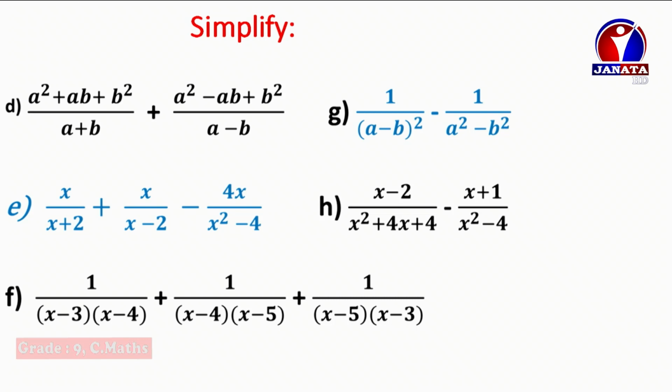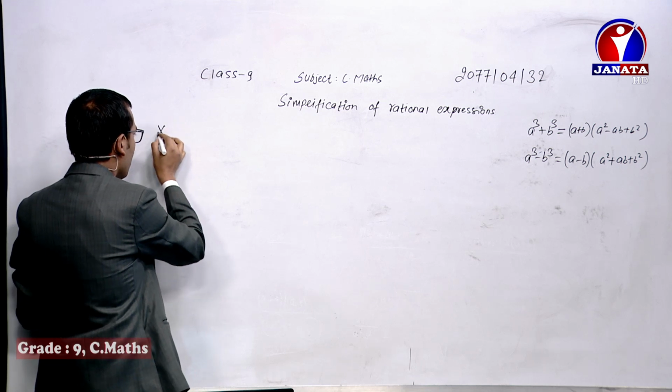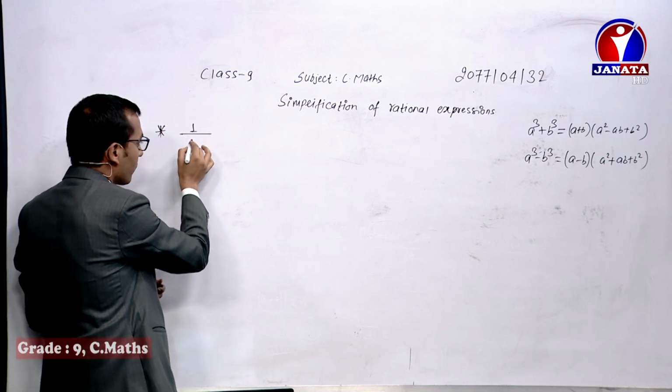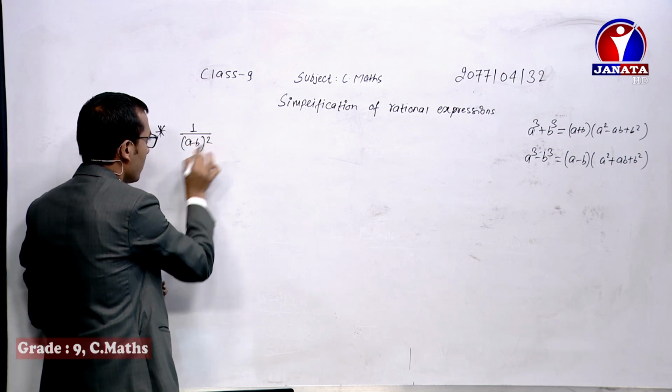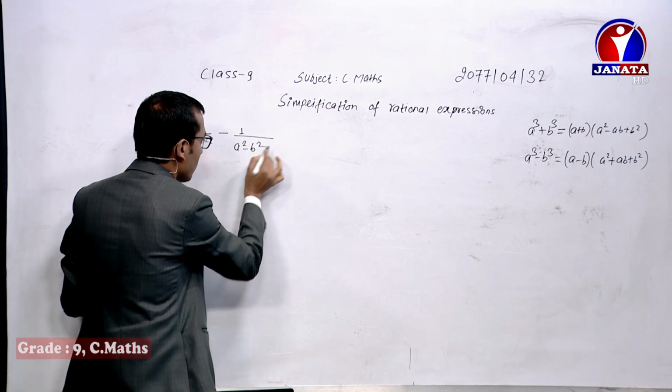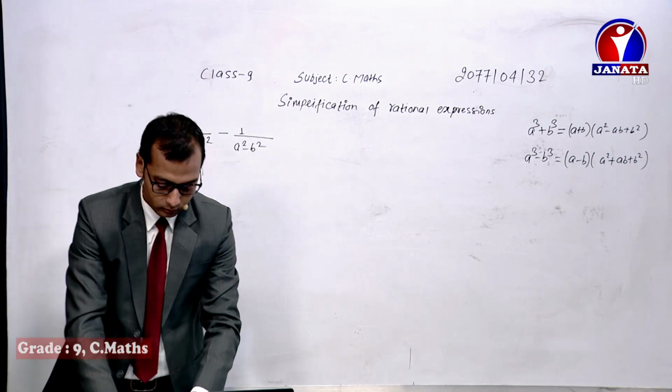Let me write here. Next number, we are practicing simplification of rational expressions. Next question, 1 over a minus b whole square minus 1 over a square minus b square.